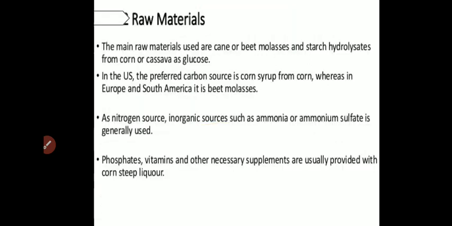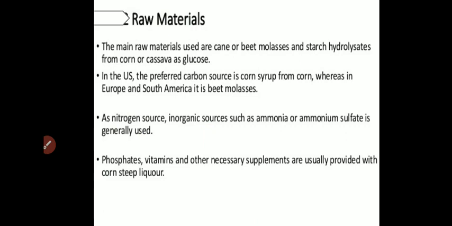Now we'll study the different kinds of raw materials used for glutamic acid synthesis. The main raw materials used for glutamic acid synthesis are cane or beet molasses.